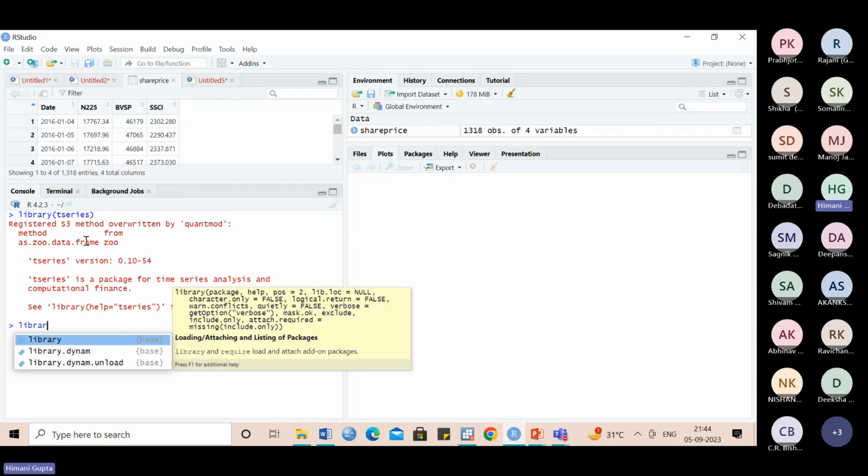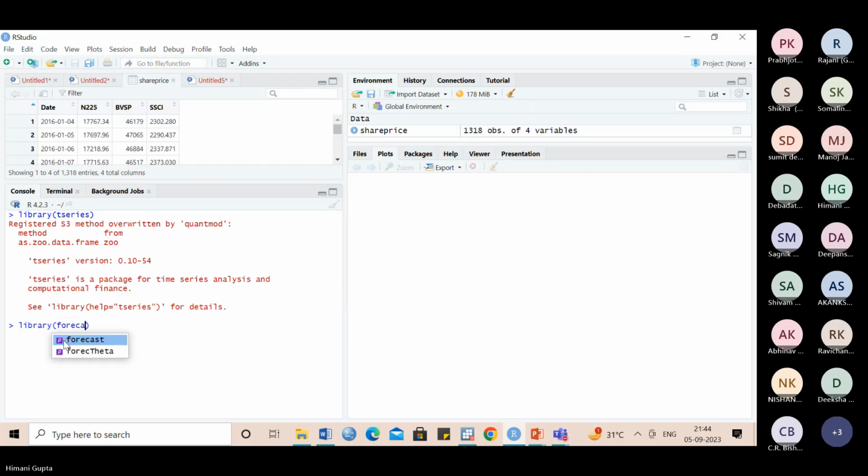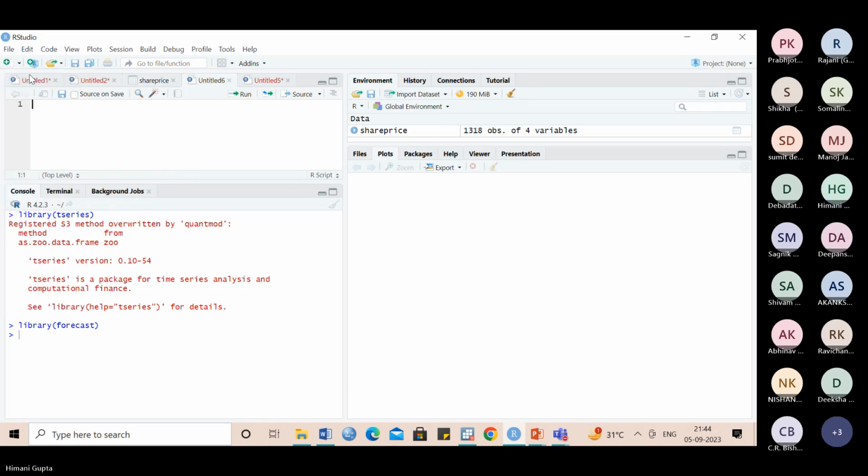There are 2 packages that we have to load: one is tseries and second is forecast, because we are going to forecast. Now let's make one more subscript. There are 2 things: one is my price series and one is my return series.